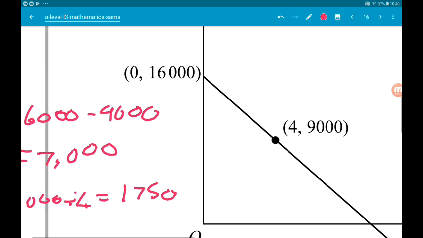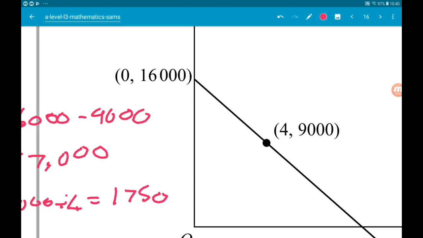So we can either subtract 3 lots of 1750 from 16,000, or just add 1 lot of it onto 9,000. So 9,000 is the amount after 4 years. 1 year previously, they're going to have been extracting 1,750 more.